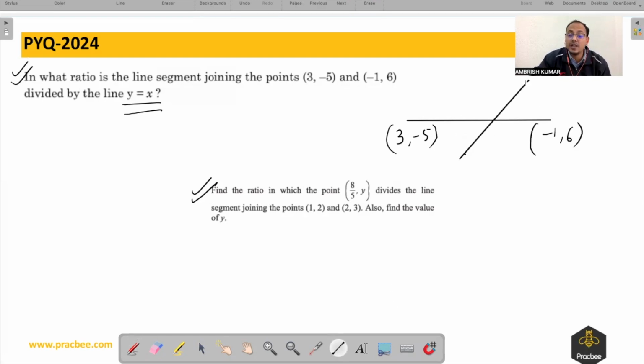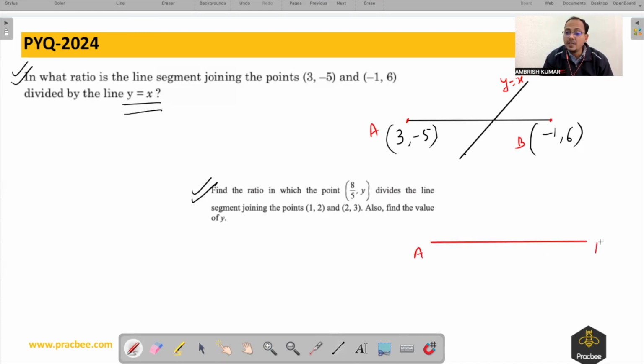So this line y equals x divides the join of, let us say, this point A and B in some ratio. As we know, what is the standard formula that we have for the section formula? I think you might be knowing this.